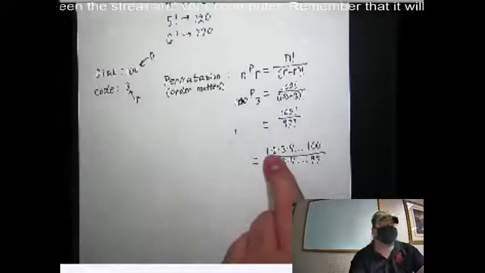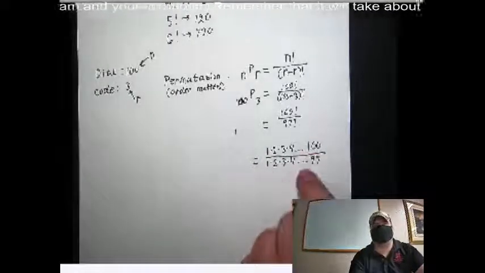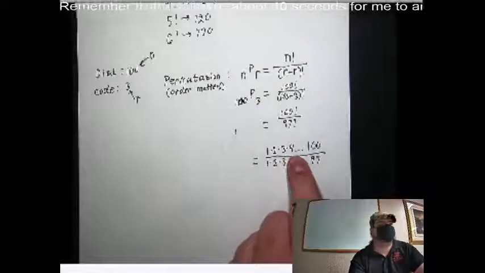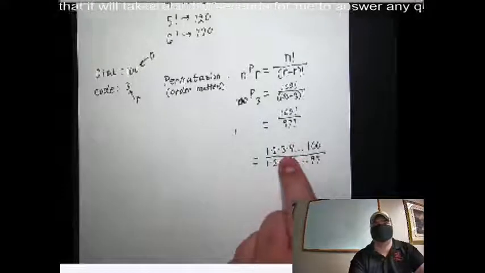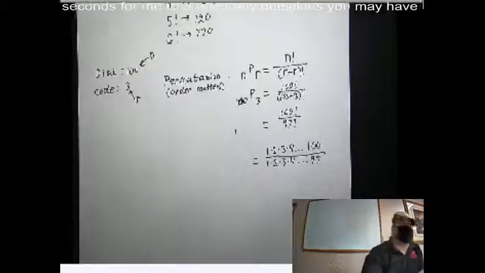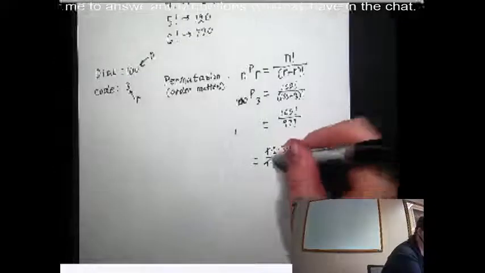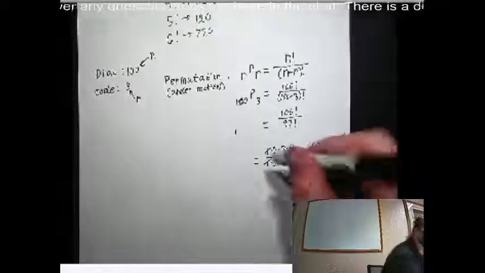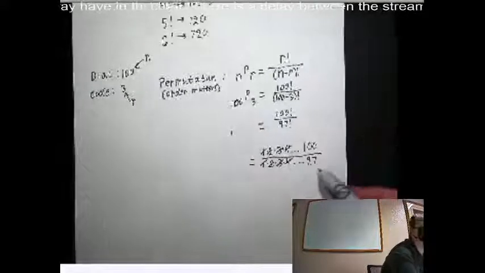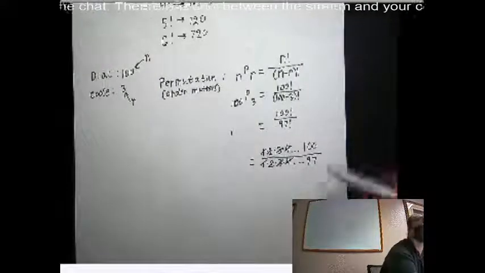Okay, so we have numbers that are multiplying on top and bottom. But between these numbers we have division. So what that means is we can cancel the common numbers. Anything that is common between top and bottom, we can cancel out. So 1 cancels, 2 cancels, 3 cancels, 4 cancels, all the way up to 97, because those are the numbers they have in common.